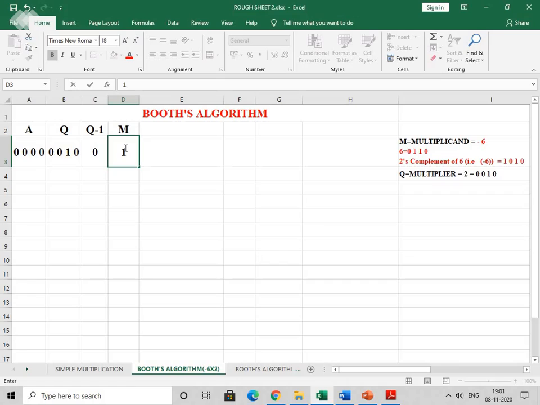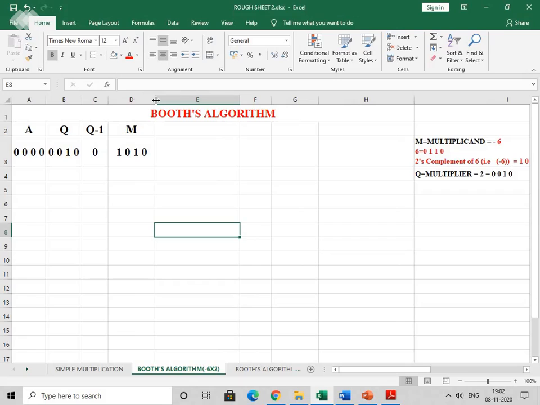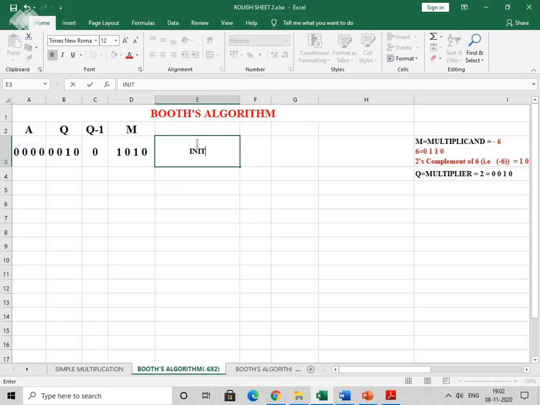So this M column will be same in every Booth's algorithm numerical. So here we are going to take 2's complement of 6, that means -6, 1010. So I have taken the 2's complement of 6 here, right?